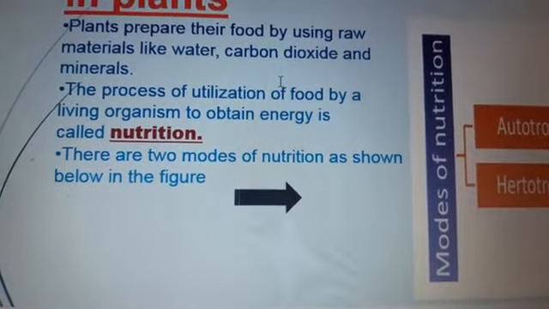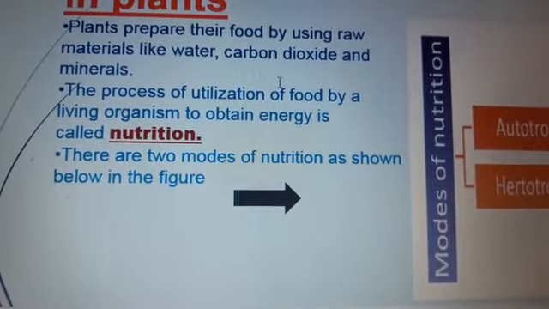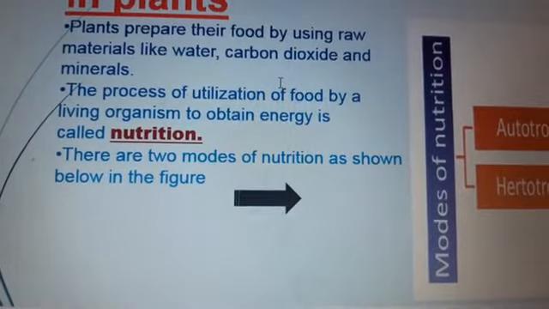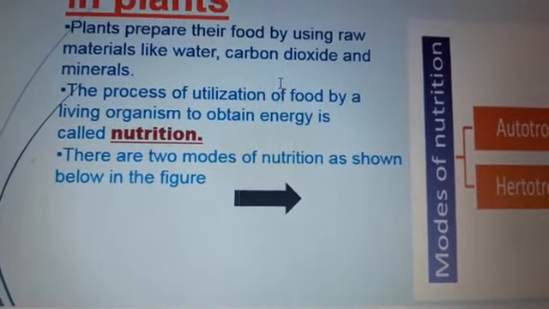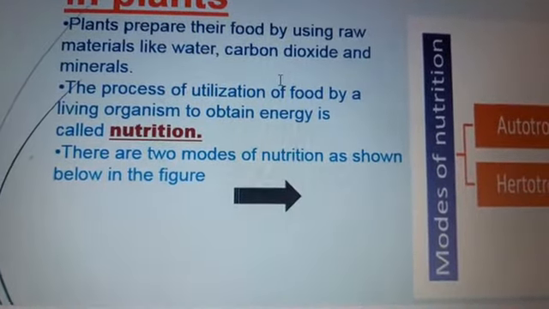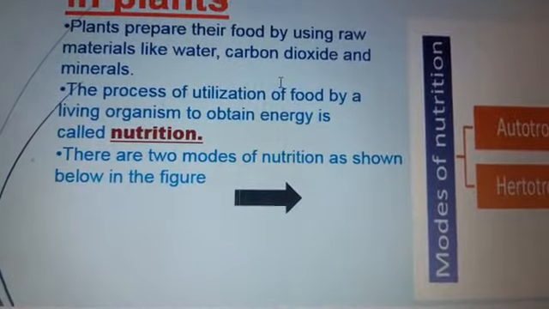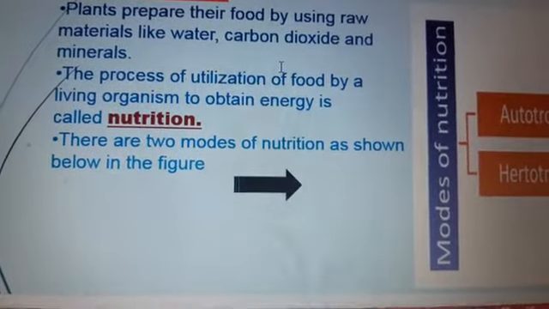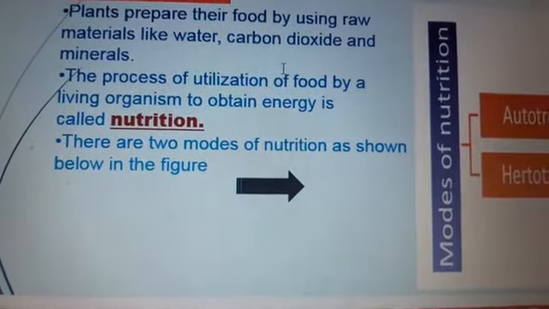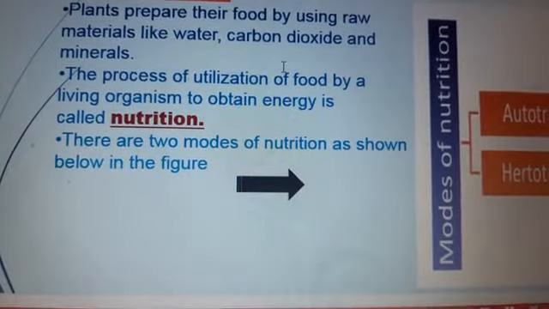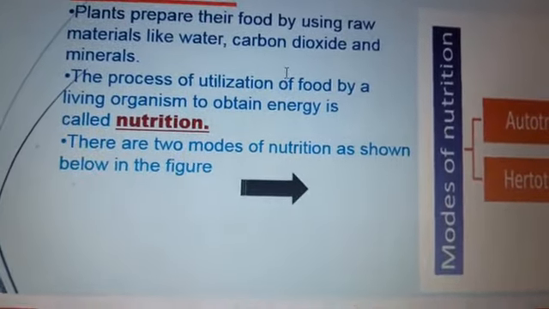This is called nutrition. Energy is very necessary for our body and our daily life activity. The process of utilization of food by a living organism to obtain energy is called nutrition.